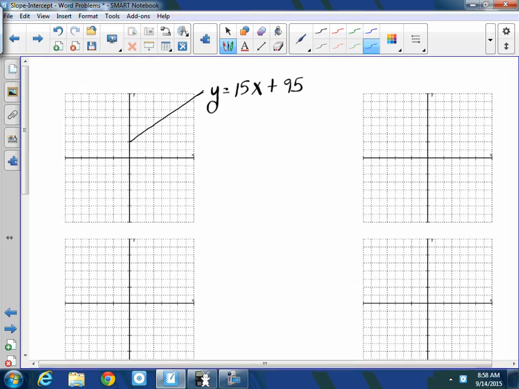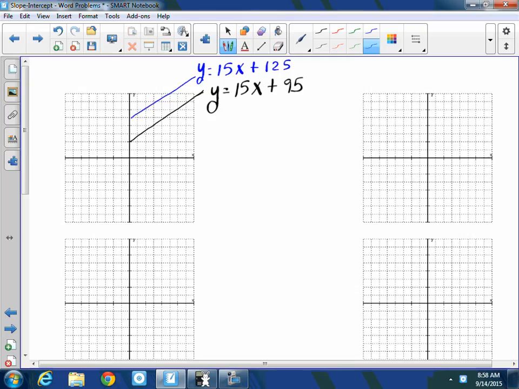So with a different color, sketch it higher, and then label it y equals 15x plus 125. And let's write down what we just said about what happens to the graph when you increase the y-intercept.